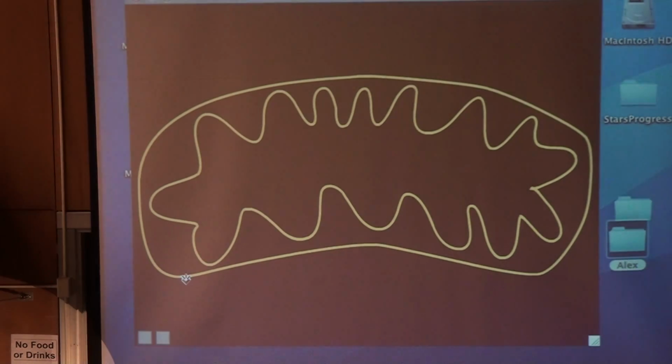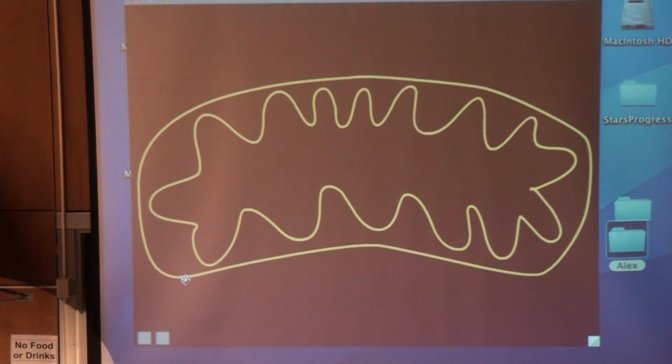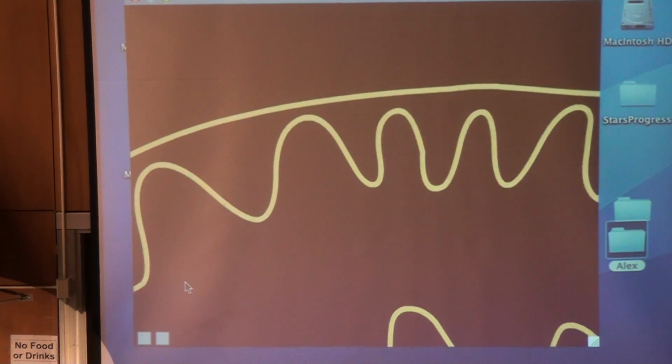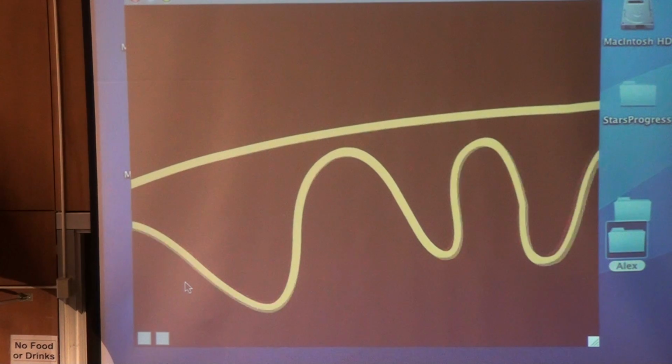All right, so here's my drawing of the mitochondria, and let's zoom in on the outer membrane to see what happens when those pyruvates reach it.